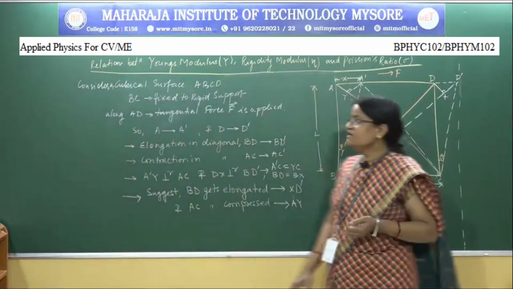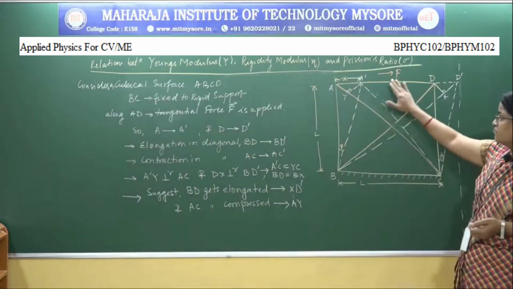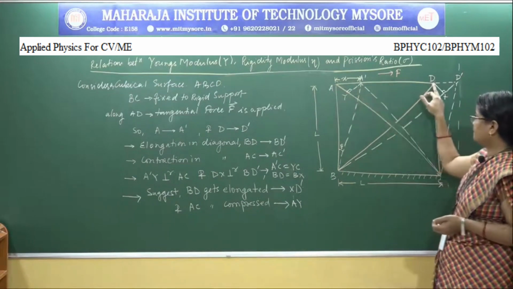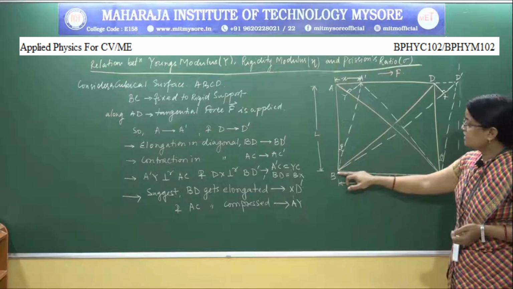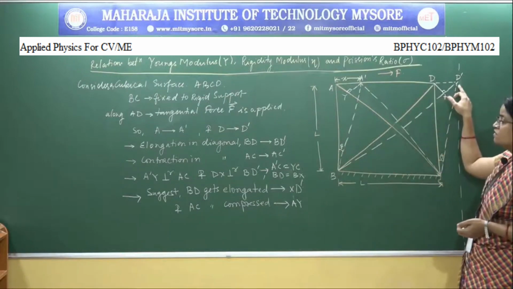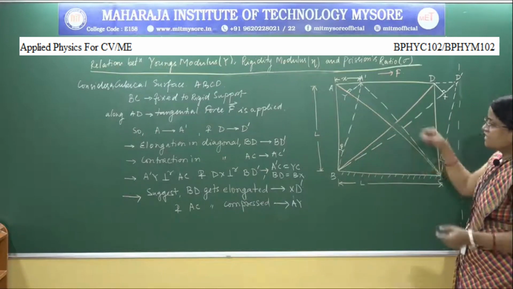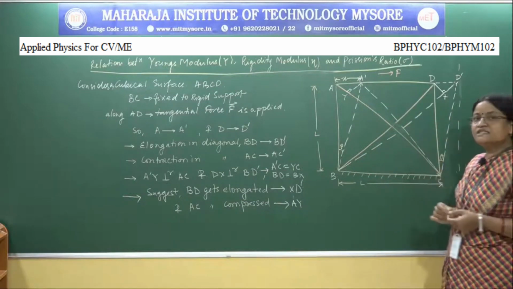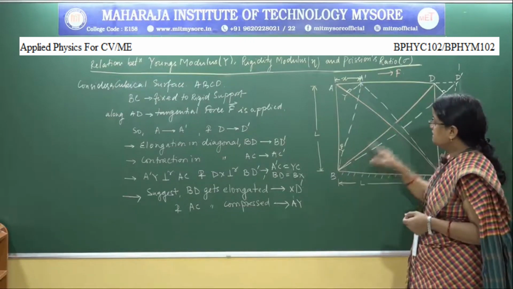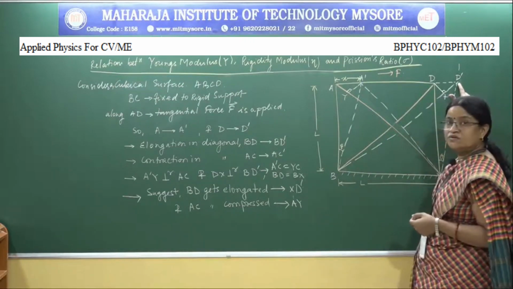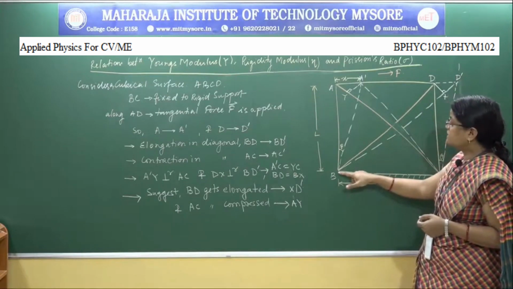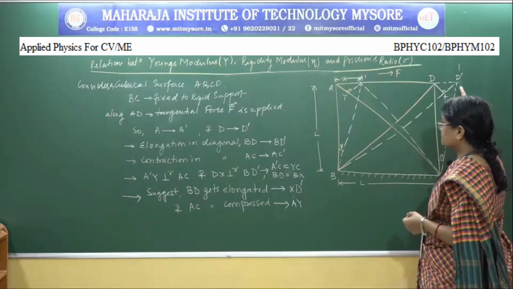Now we have to understand one more thing. If we apply the tangential force F along AD, then there is elongation in the diagonal BD, which is BD dash. So this elongation means you have a kind of tensile stress. The tensile stress leads to the elongation in BD, which is now in the new position, BD dash.